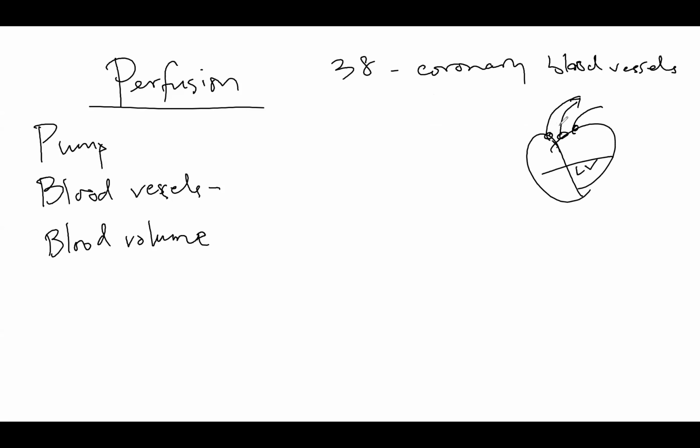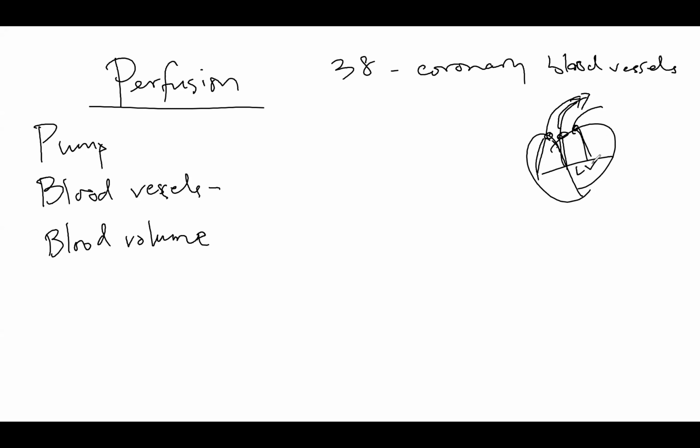So since blood is going this way during systole, there's no way blood can enter the 3 main vessels, namely the left anterior descending artery, the right coronary, and the one in the posterior coronary artery. So they only therefore receive blood during diastole.